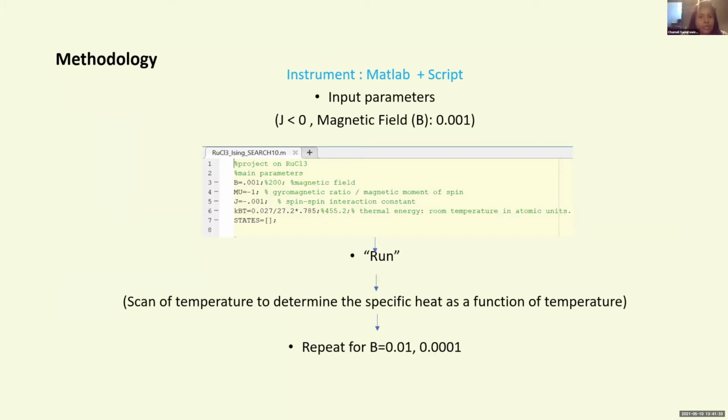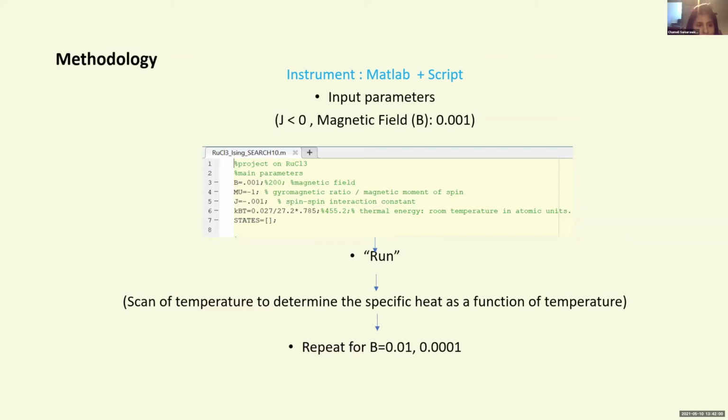the input parameters should be set as shown in the screenshot here. It is set to negative J. First I selected the external magnetic field of 0.001. Then the program was run on MATLAB and the graphs were obtained.